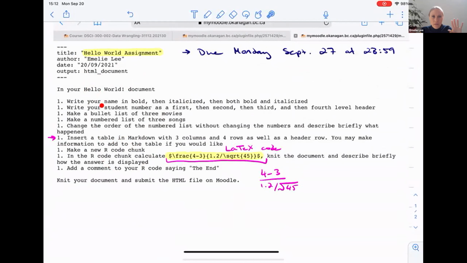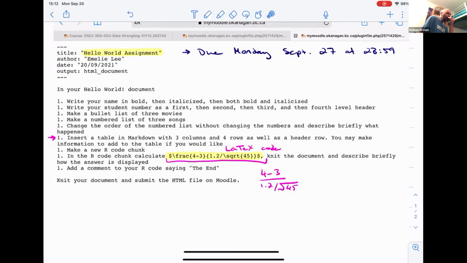Then you'll copy all of this into a fresh RMD file. So when you open up a new RMD, you'll clear it so that it's completely empty and then just replace it with this. If that makes sense.